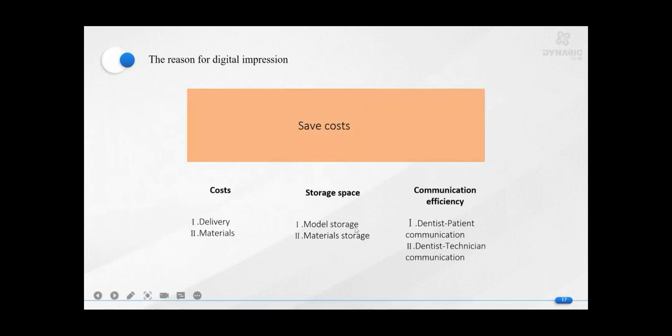The first point is saving costs, which is one of the reasons why using an intraoral scanner is very important for clinics. Using an intraoral scanner can help us greatly reduce the shipping costs.